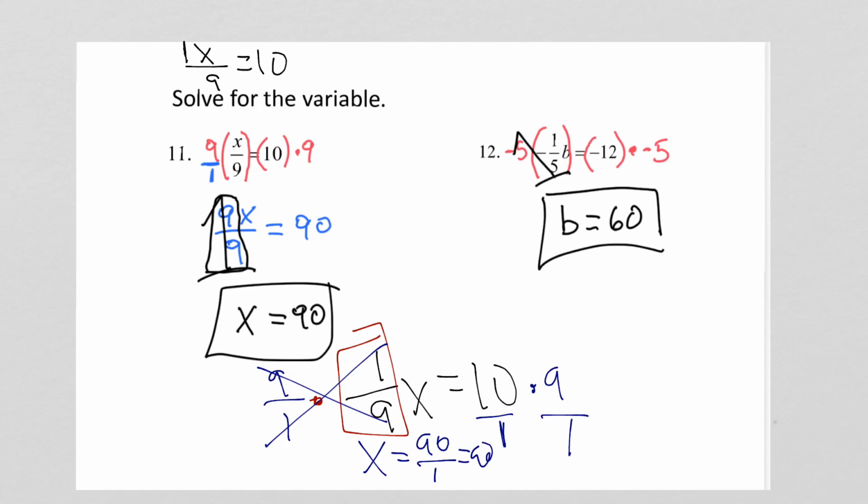All you have to do to get rid of a fraction is multiply by the flip. Now remember, fractions: if I have 1 over 2 times 3 over 4, you multiply fractions straight across, which is 3 over 8.